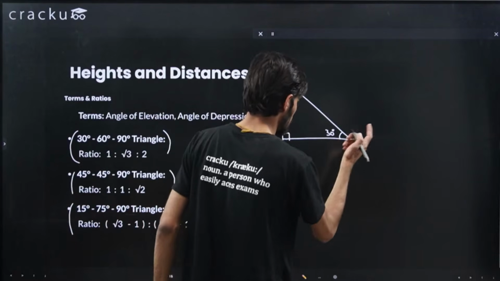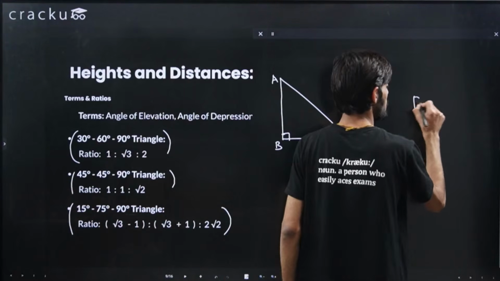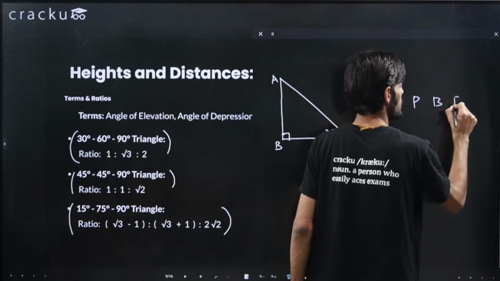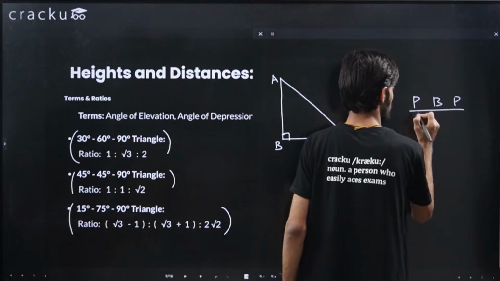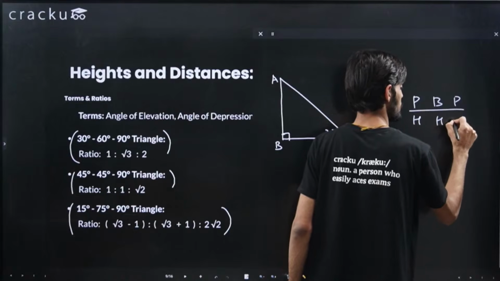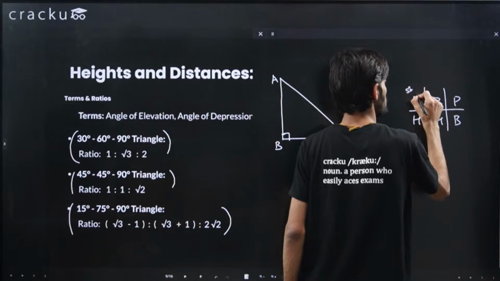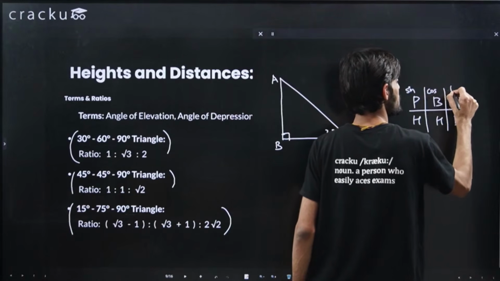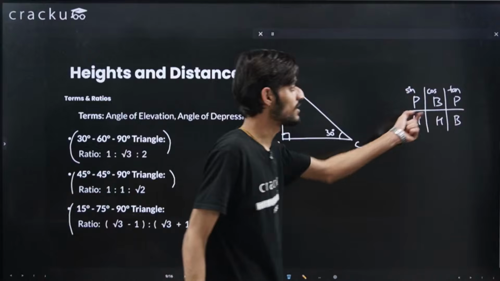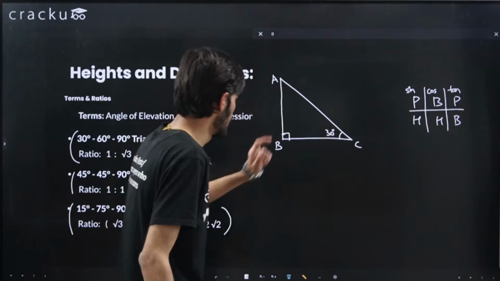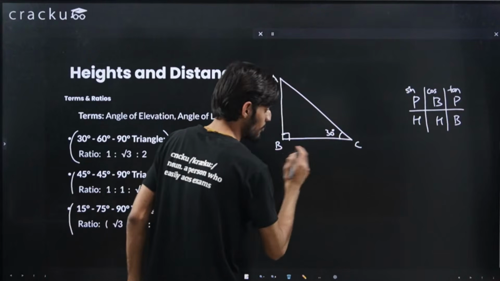Now, also I know this result. This is sine, this is cos, and this is tan. So let's say I calculate the sine of this angle.